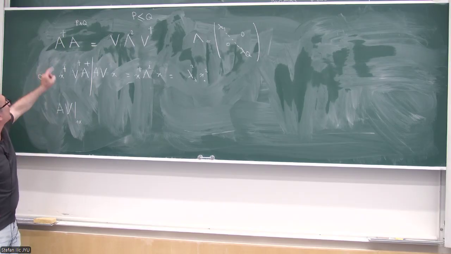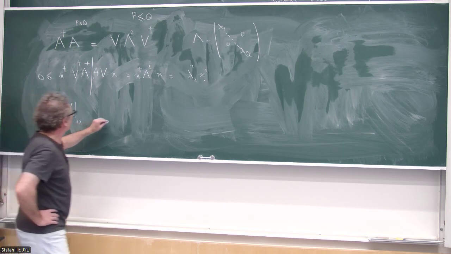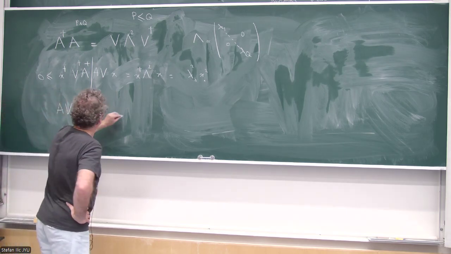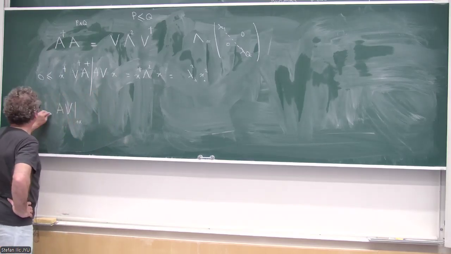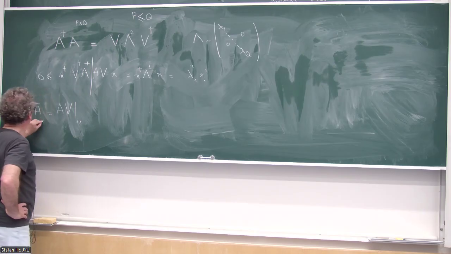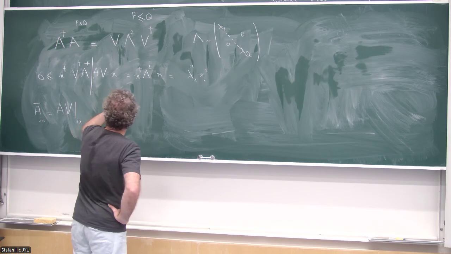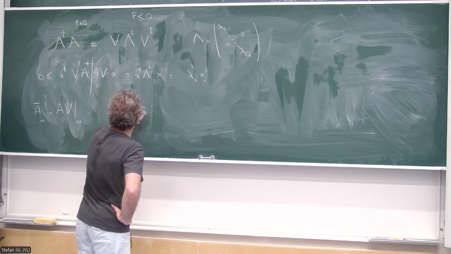So the fact that A dagger A is equal to lambda square means that, let me call that A bar I alpha. So I have A bar dagger A bar equal lambda square.